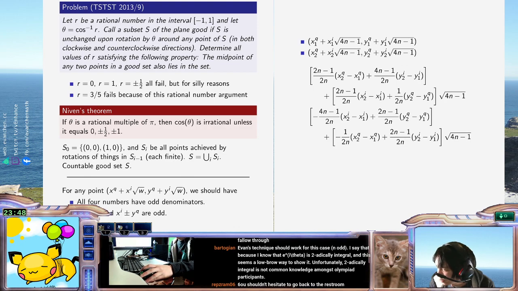Why is it 3n minus 1 over 2? Oh, actually, 3n minus 1 over 2n is fine, because that's also even. So this will resolve to an even number, so we're good.